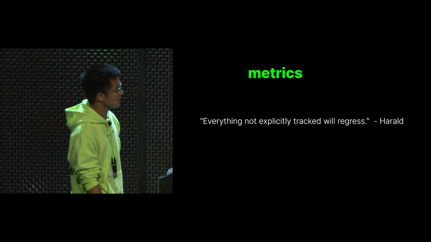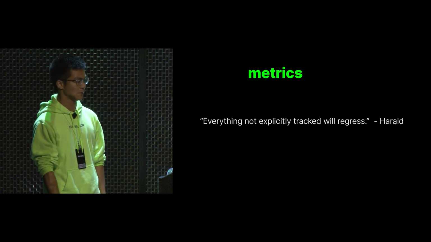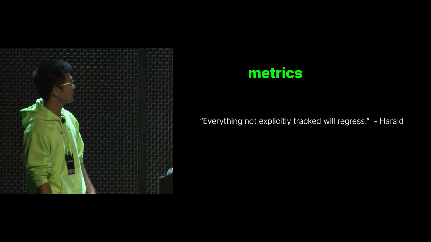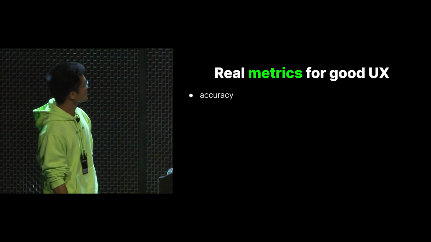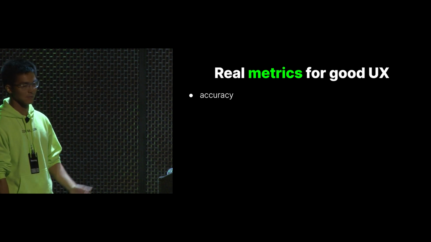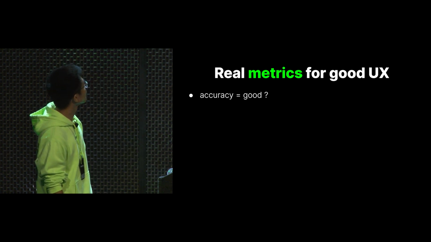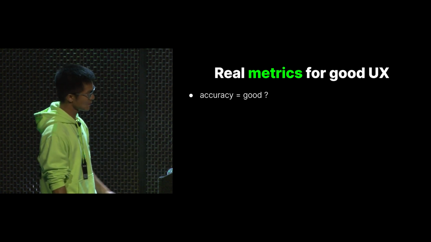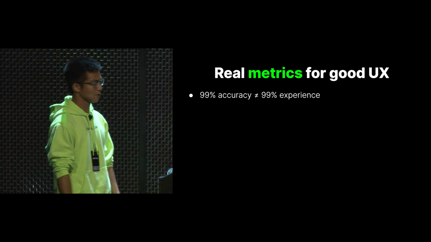So after all that labeling and training, now we move on to testing, which is the most integral part for us to move forward and avoid regressions. To test, you need a metric. What is a good metric for a good DM experience? Is it model accuracy? Does a high model accuracy equal a good experience? Well, not necessarily. That's not true for DM at all, actually.